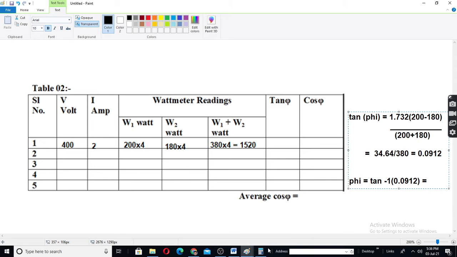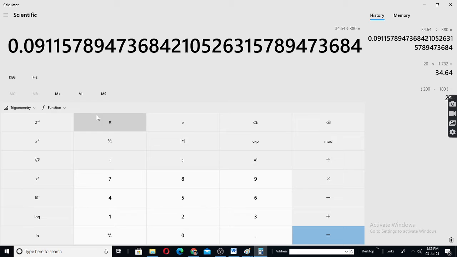Take the calculator. Inverse tan. Where is tan here? Trigonometry function, tan.